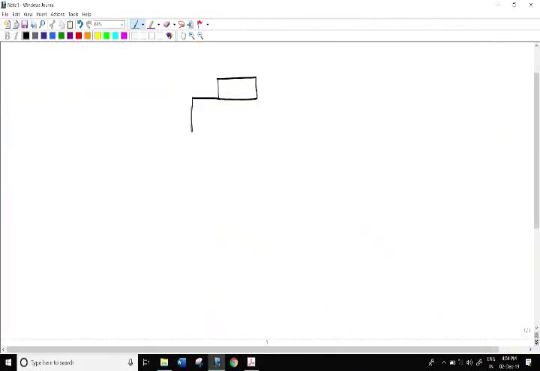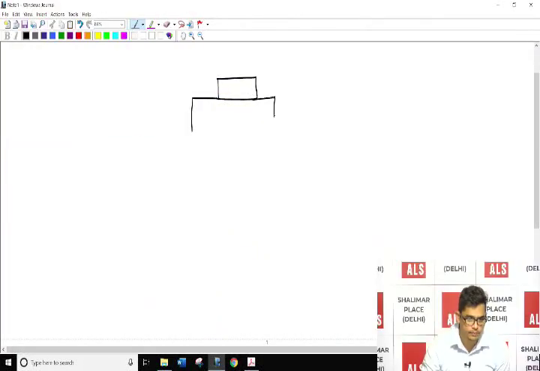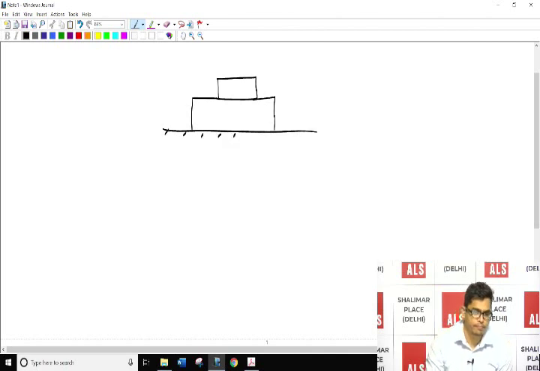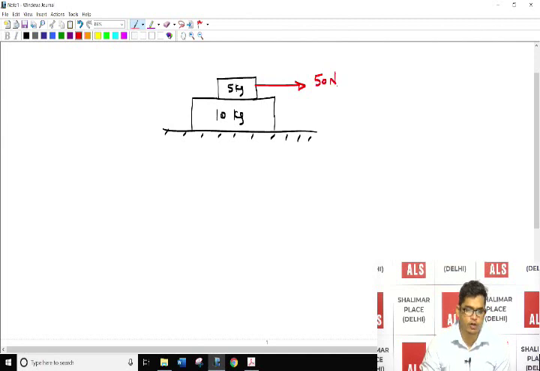So the first question, question number 1, is: suppose I have two blocks. This is 5 kilogram, this is 10 kilogram, and a force of 50 Newton is applied on the upper block.